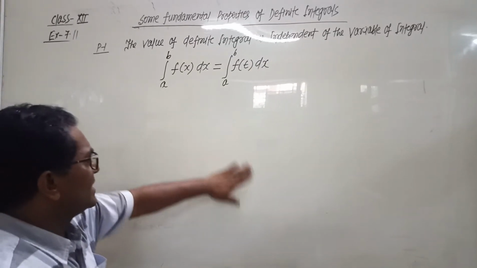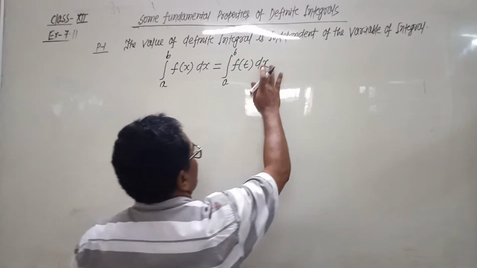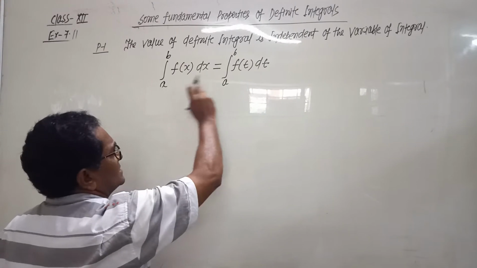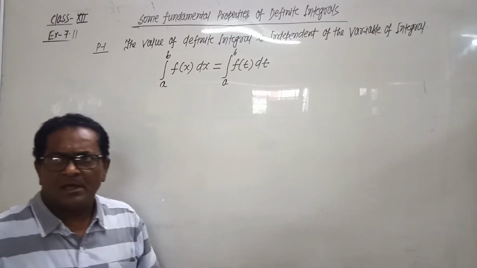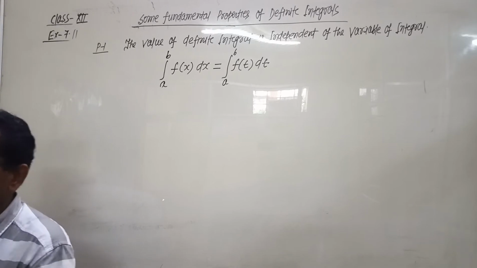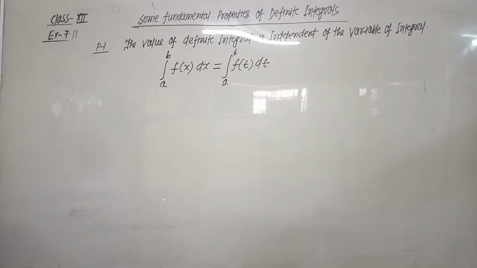It means if the variable gets changed, here the variable was x, here the variable is t, then the value of the integral does not change, it remains the same. Let us see its proof.